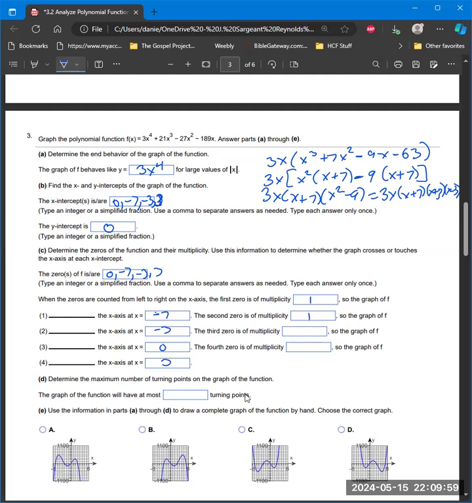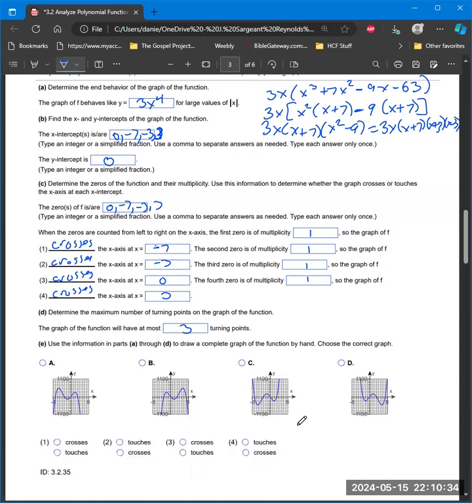These all have a multiplicity of 1, so these all cross. And the maximum number of turning points is going to be 3 because 4 minus 1 is 3. This is going to open up because the leading coefficient here is positive, and so it's between C and D.